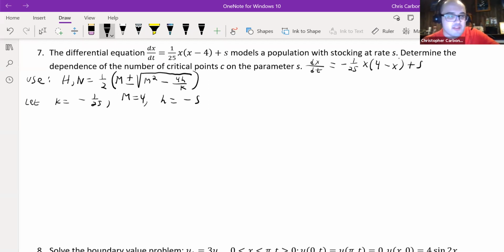So this would then give us the following. H comma n is equal to 1/2 of 4 plus or minus the square root of 16 plus 100 times s.